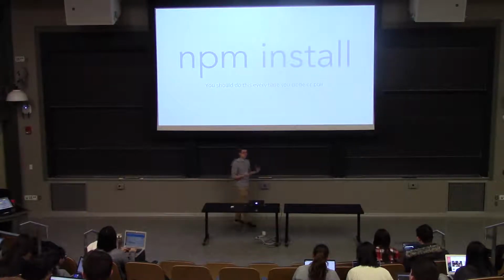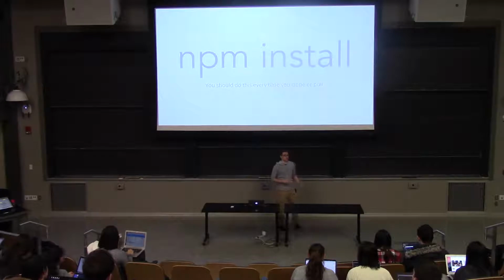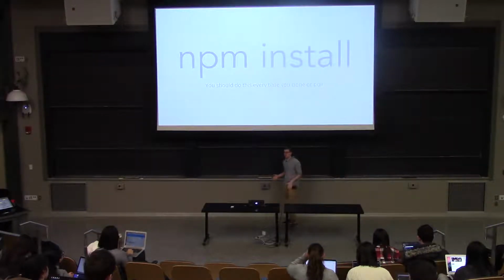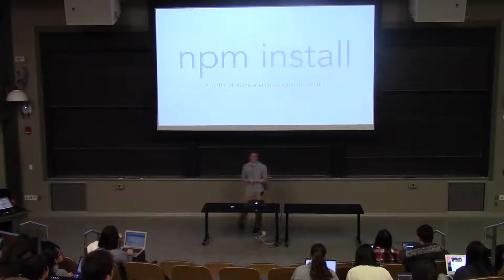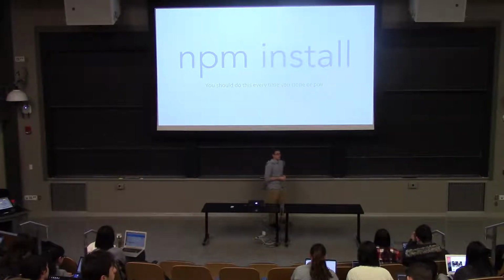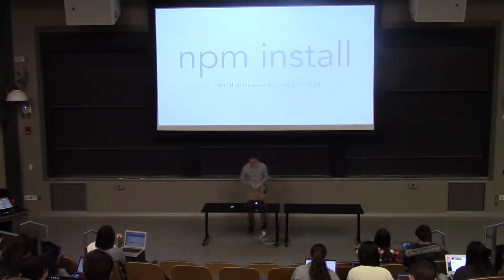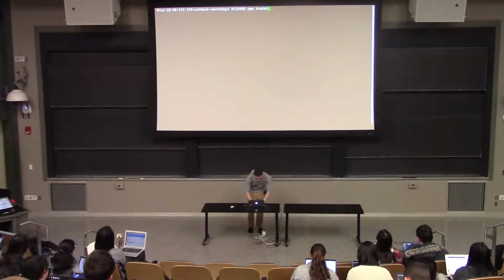But because this is a new project, we won't actually have it installed unless we npm install. So what this will do is it'll look at the package.json, see everything it needs, and go get it. So every time that you clone or even pull, it's really good to npm install because if there's a library you need, it can go and get that for you. Okay, I'm going to do that now. npm install.